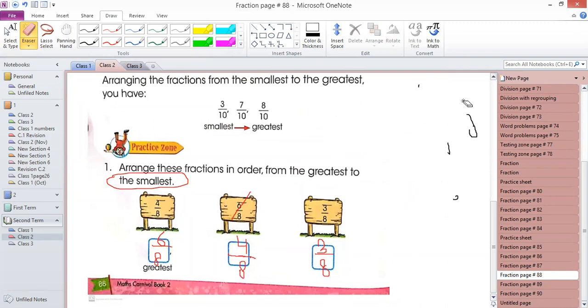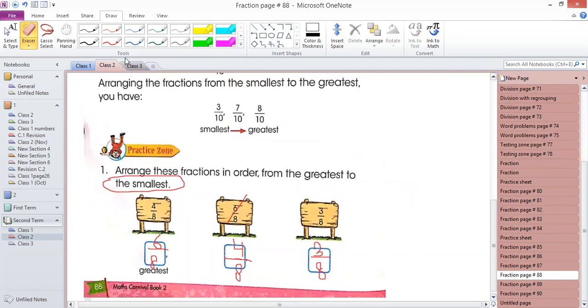Or if I give you the fractions 1/5 or 3/5, now guys, which is bigger? Yes, Ammar.